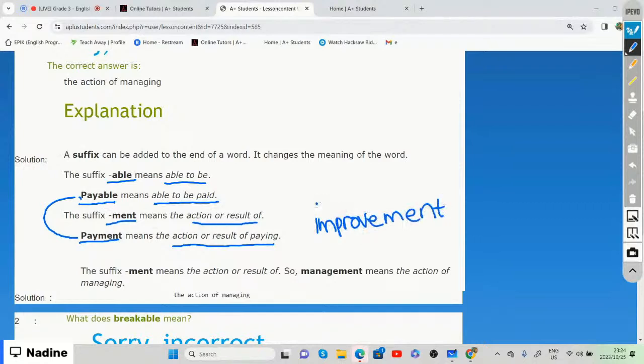Improvement means the action or result of improving. There has been changes. There has been an improvement in my academics. I'm doing very well now. I practiced and now I have improved. Can you think of another word that ends with either ment or able?